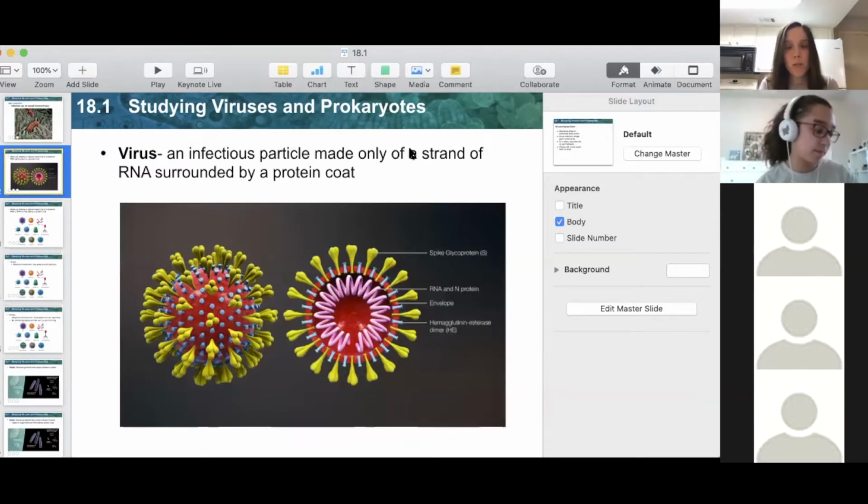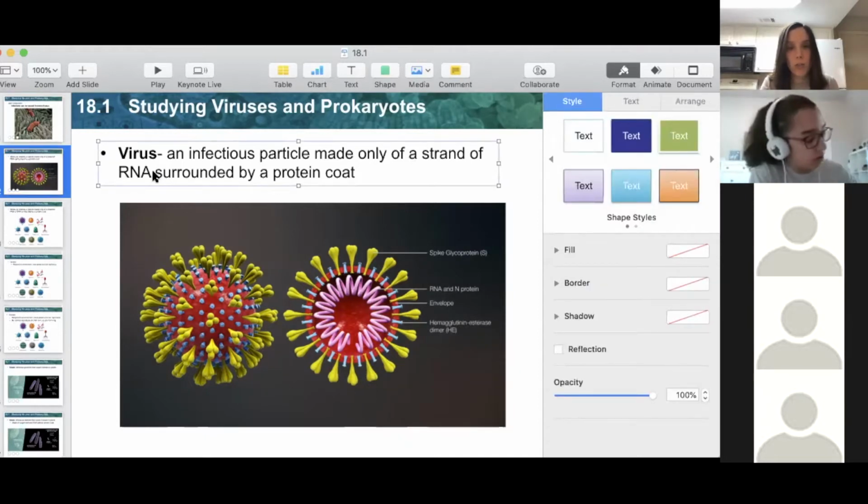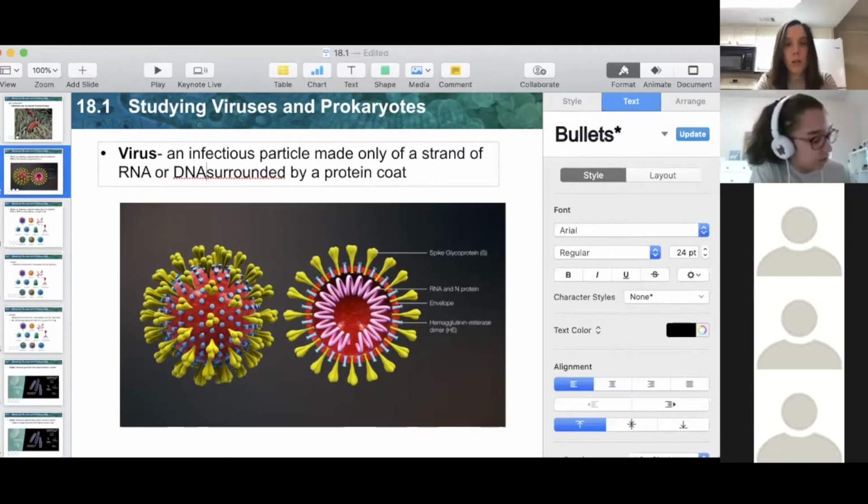Now, a virus is different from bacteria. While bacteria is a living cell, a virus is not a living thing. A virus is an infectious particle. It's made only of a strand of RNA or DNA surrounded by a protein coat.